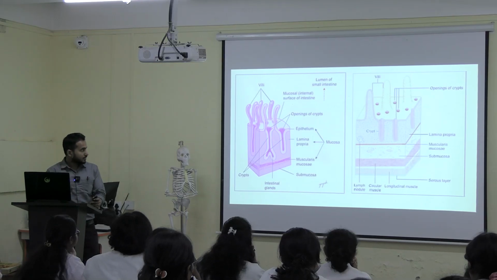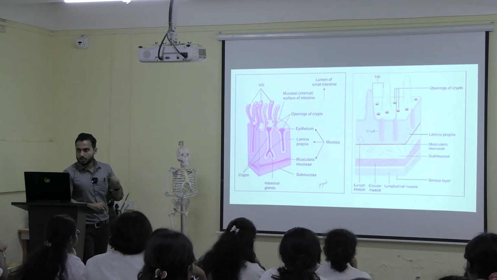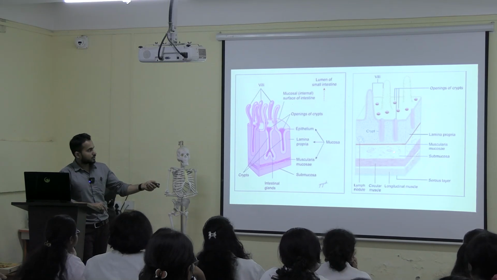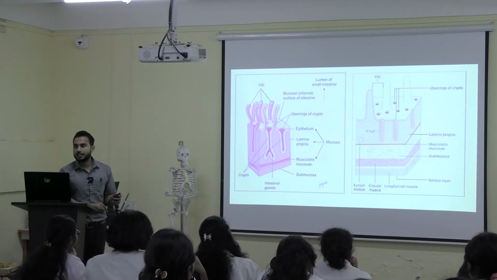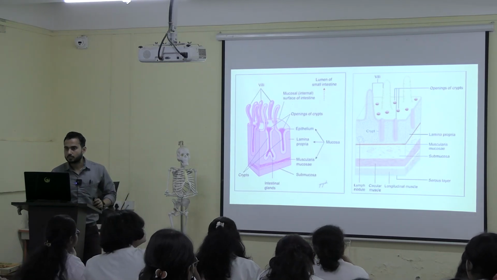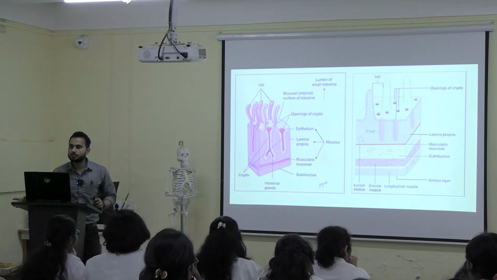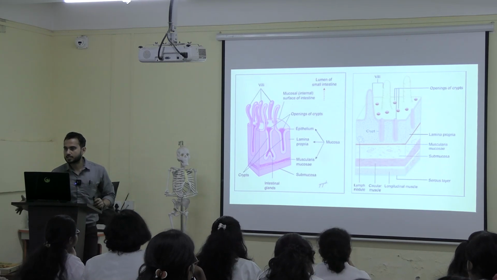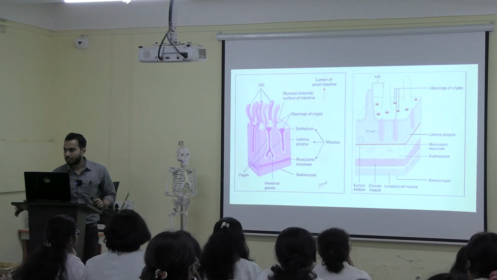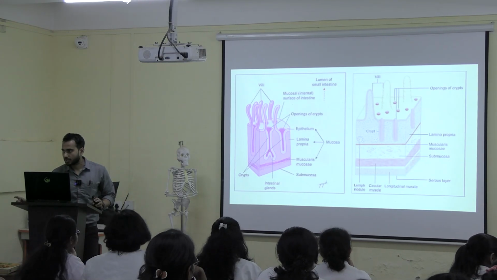Now there will be some modifications. If you see the submucosa, especially in the duodenum, glands are present, and those glands are called Brunner's glands.